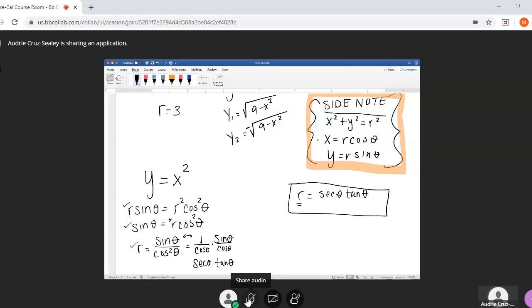And we know that 1 over cosine is secant, and we know that sine over cosine is tangent. And there you go. You have R by itself. R is equal to secant theta tangent theta. R is by itself, and it looks clean. Are we okay? Any questions?